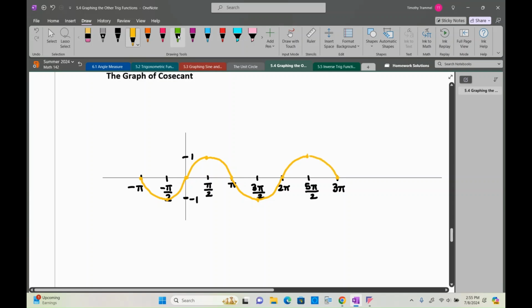And again, we're just going to continue that wave pattern that we make for sine and cosine. There we go. And just like in the last one, we'll get vertical asymptotes whenever we have 1 divided by 0. And you can actually see the zeros on the graphs here. And so it makes it really easy to spot where the vertical asymptotes are going to go.